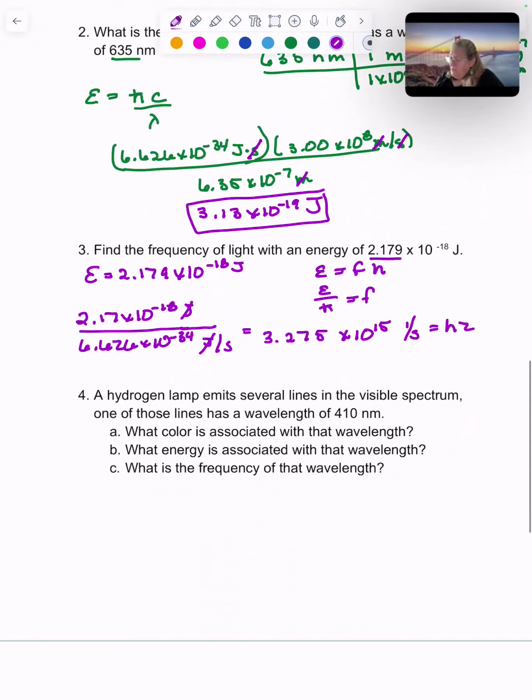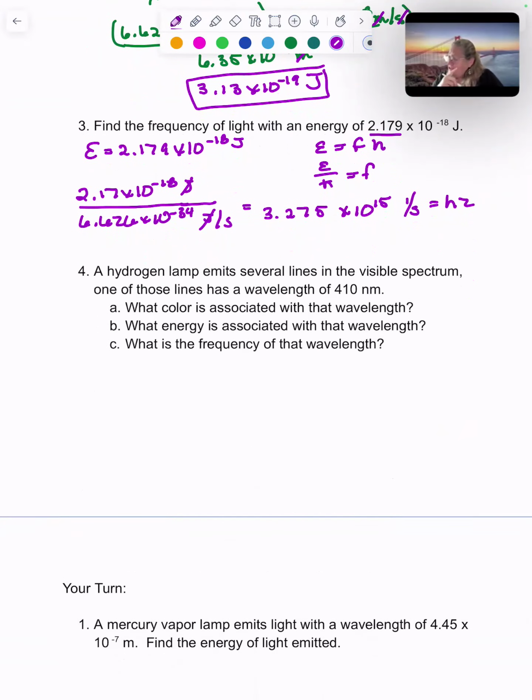Okay, number 4. We have a hydrogen lamp that emits several lines in the visible spectrum. One of these lines, so we have a wavelength. So we're going to go ahead and convert that wavelength because we know we're going to need it in meters. So 410 nanometers, for every 1 meter there's 1 times 10 to the 9th nanometers.